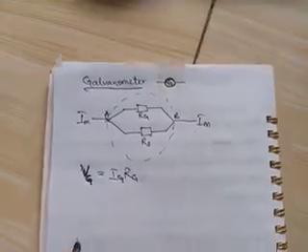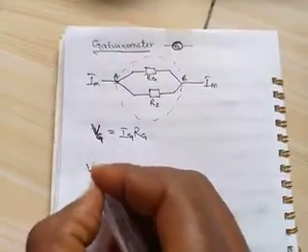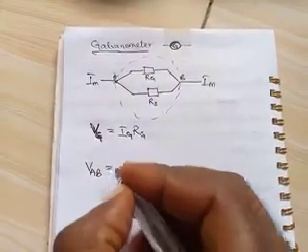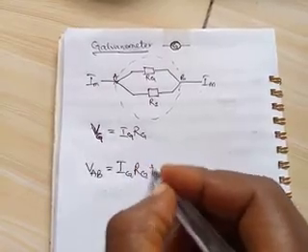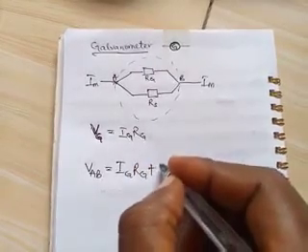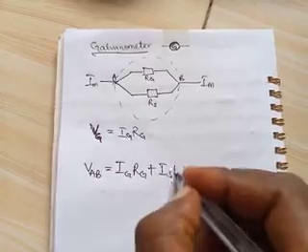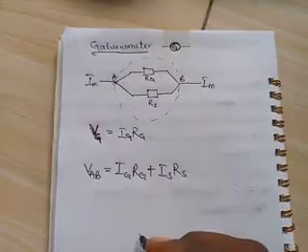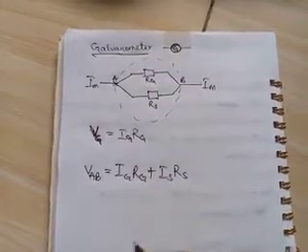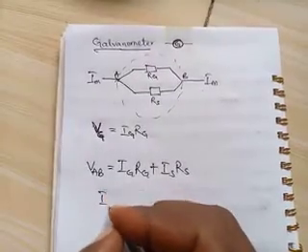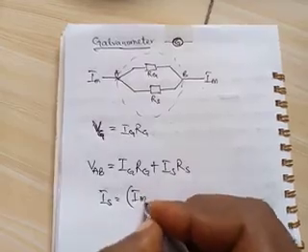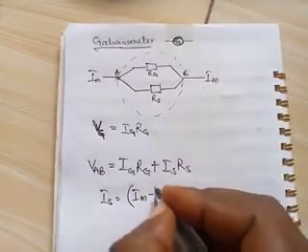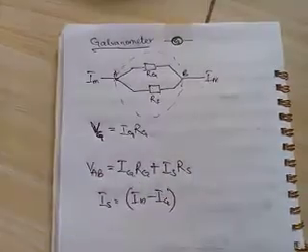If we want to measure across points A and B, the voltage is I_G R_G, plus that of the shunt, current in the shunt and resistance in the shunt. The current in the shunt is given as the maximum current minus the current in the galvanometer.